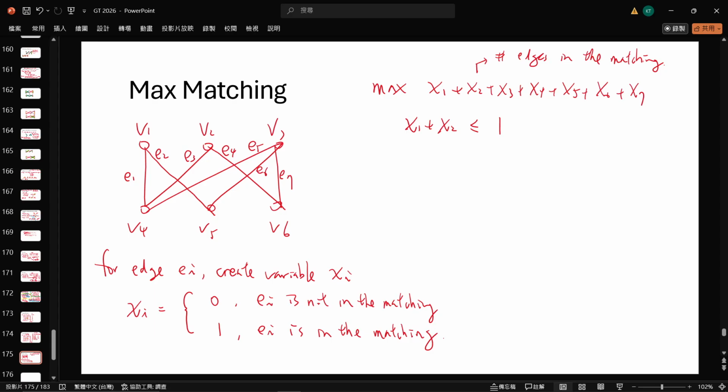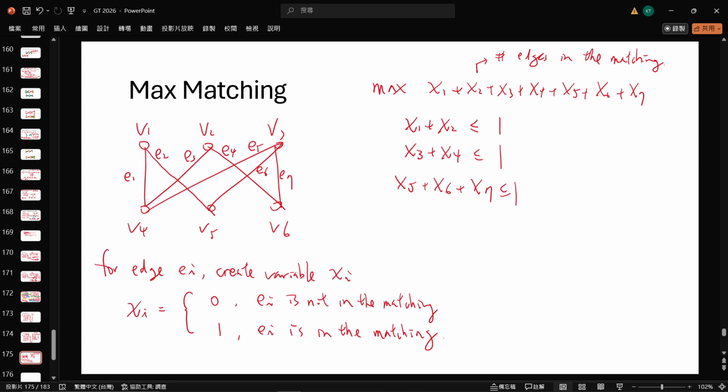Following the same idea, we get x3 plus x4 is at most 1. Similarly for V3, but now V3 has 3 edges, so x5 plus x6 plus x7 is at most 1. So among these 3 edges, we can choose at most 1.